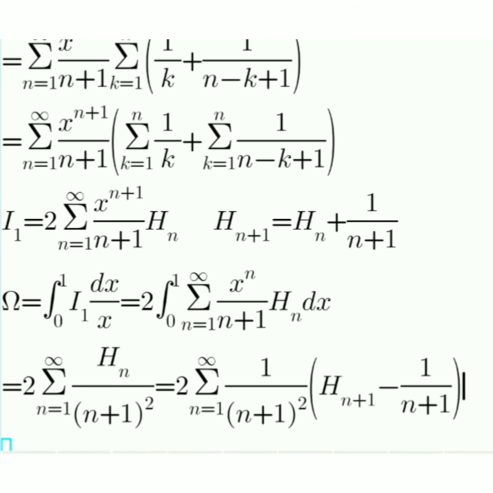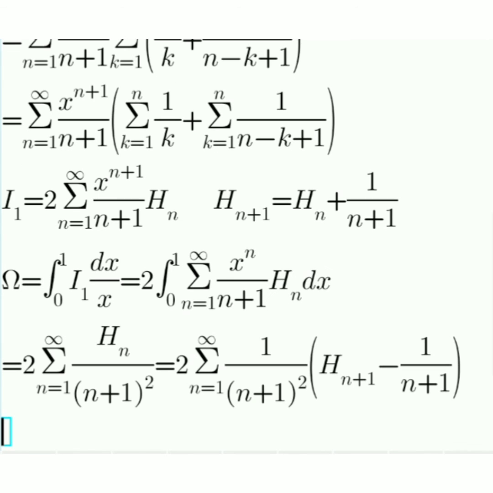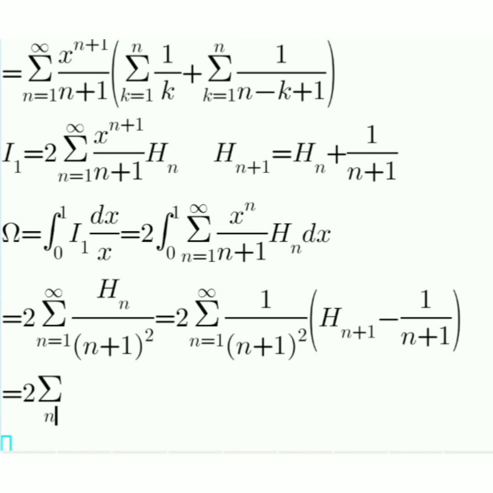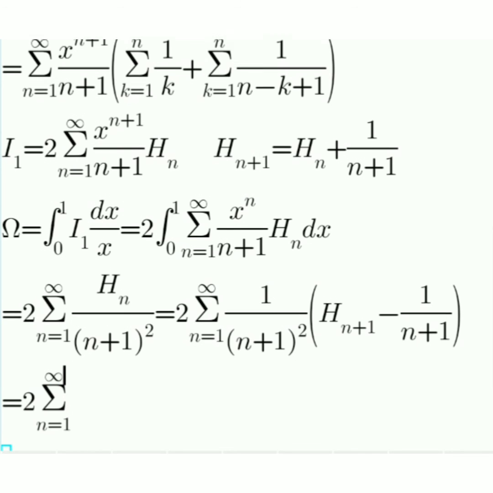So friends, very simple. And now I use 2 into summation n equals 1 to infinity.